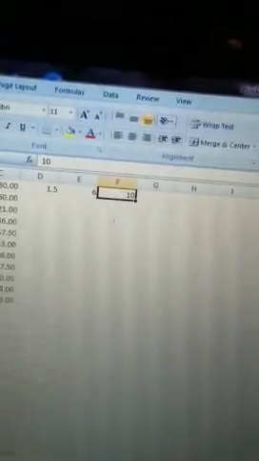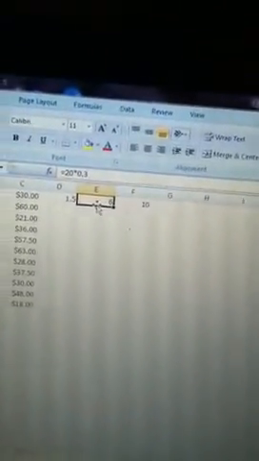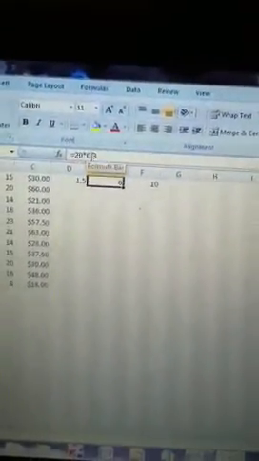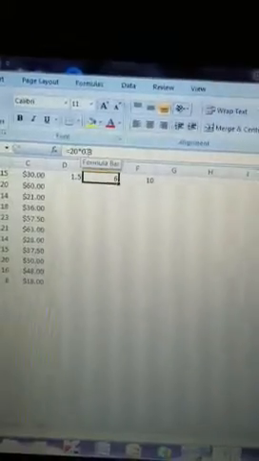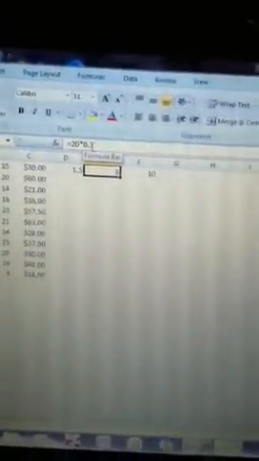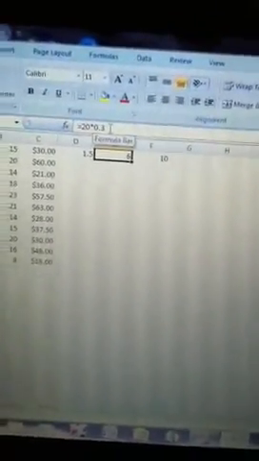So I have $20. Then I times it, shift 8 on your keyboard, by 0.3. Why 0.3? Well, that is the decimal version of 30%.